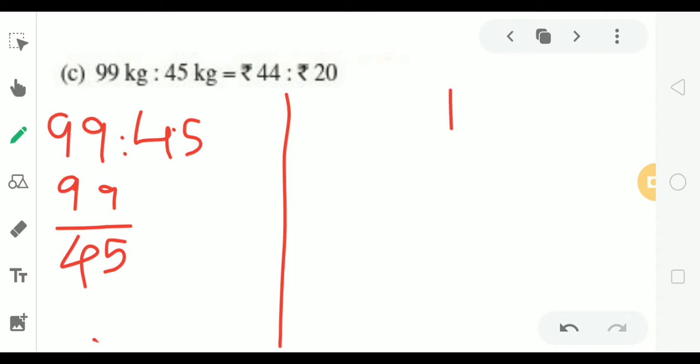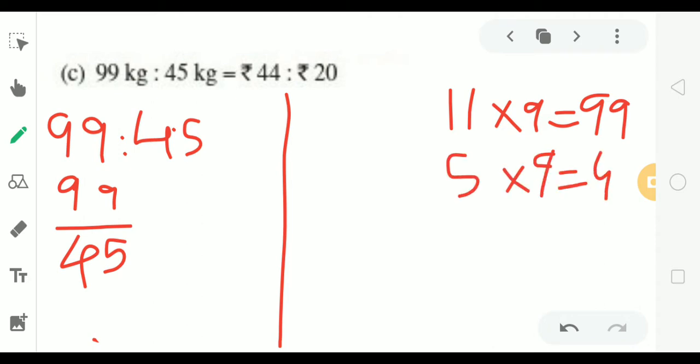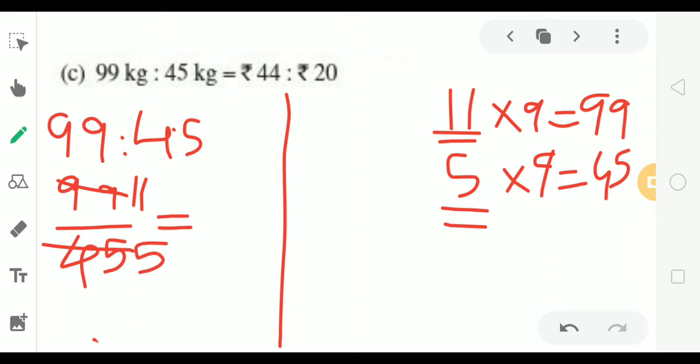In the 9 table, 99 is 11 times and 45 is 5 times. So the simplest form is 11 over 5, the same as 11 is to 5.